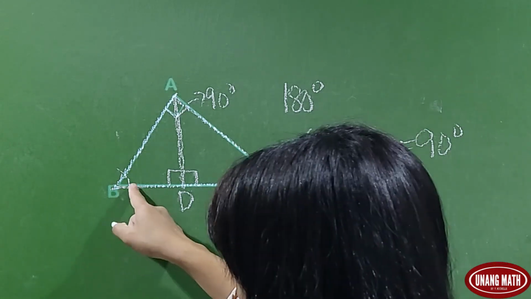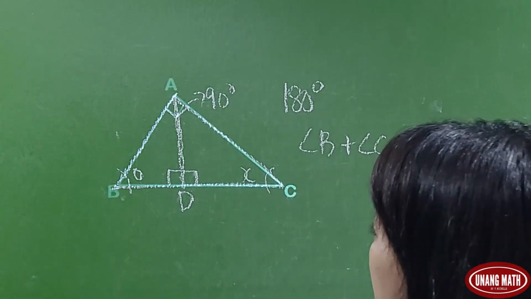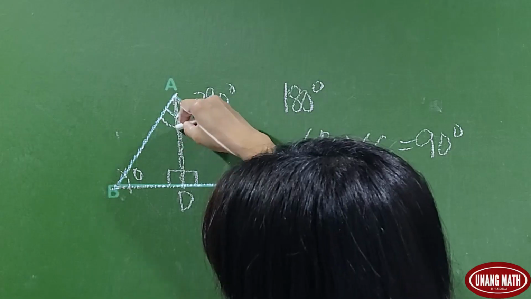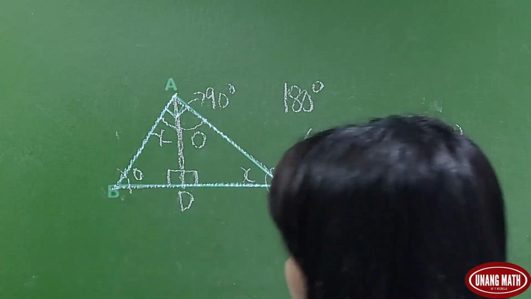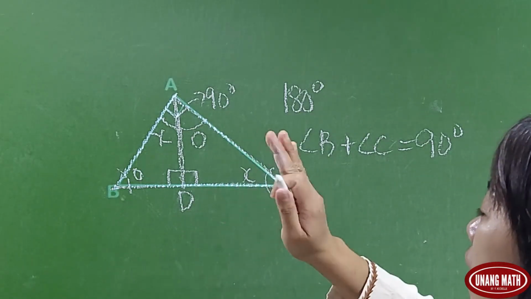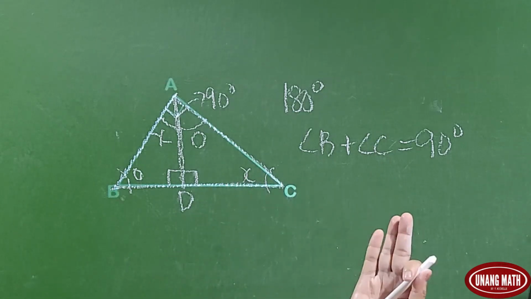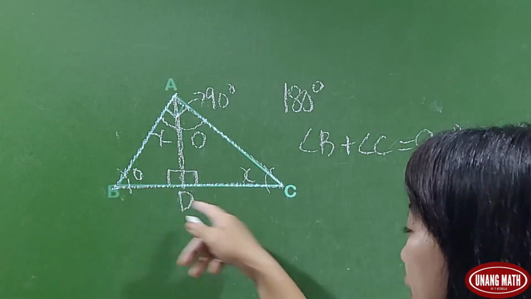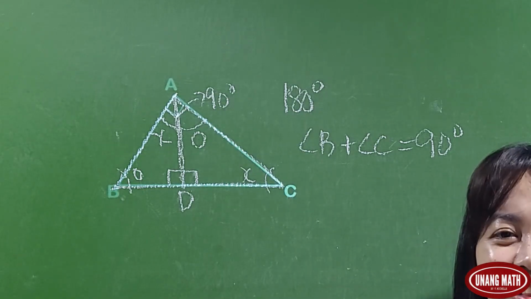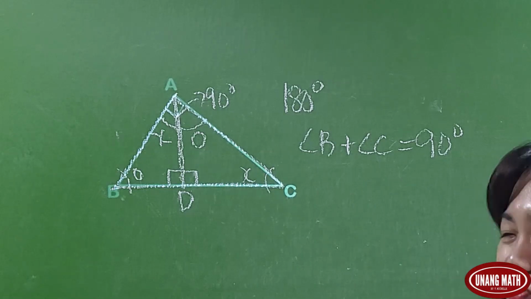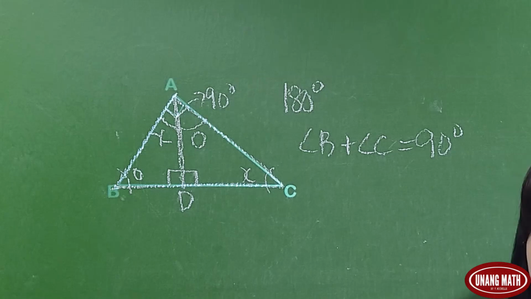Let's say angle B is O and angle C is X. So this angle is angle X and this is angle O. So from these, we already prove that these right triangles are similar figures because we have here 2 corresponding angles that are equal in measure. So these right triangles are similar figures.